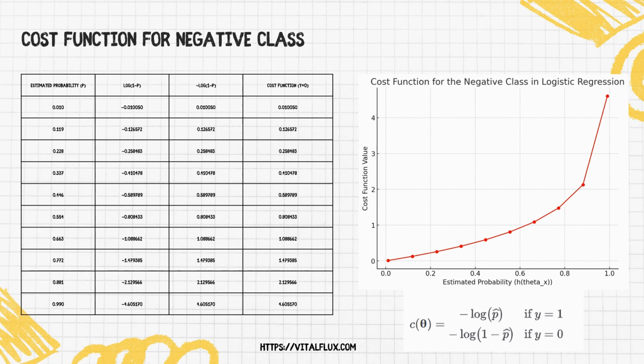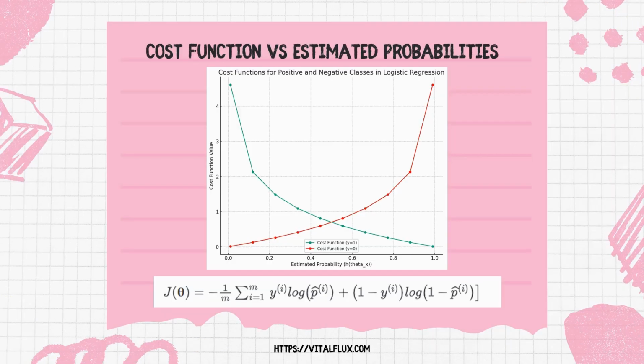Now let's go ahead and summarize what we have learned. Here we are seeing the cost function versus estimated probability plot for the logistic regression model, followed by the formula that we have seen earlier. On one axis we have the estimated probability for the positive class, and on the other we have the cost associated with the prediction.